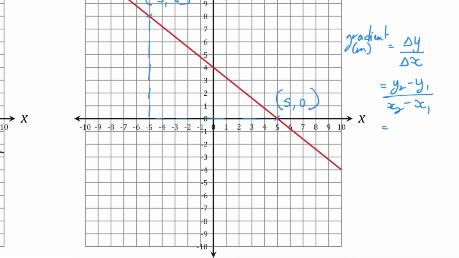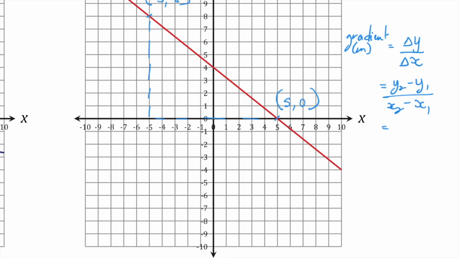Sometimes when students see values like this, they are unsure of which one to put as y2 and y1, and I would advise that you always start from left and move to right. So whichever point is closest to the left, choose that as your x1, y1, and whichever one is closest to the right, choose that as your x2, y2.